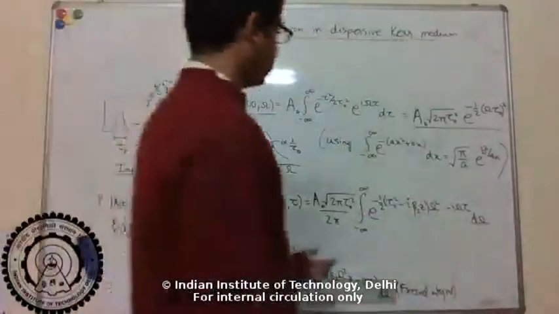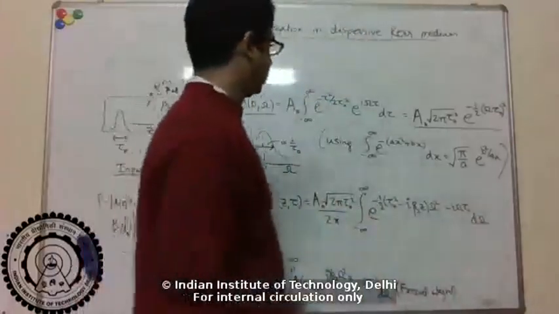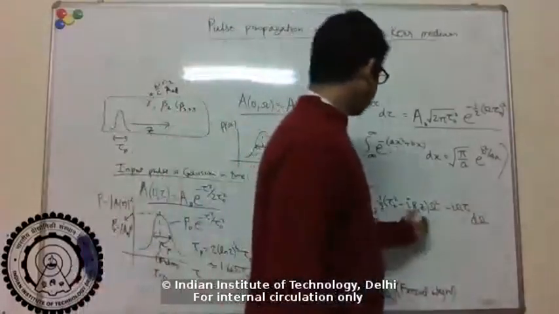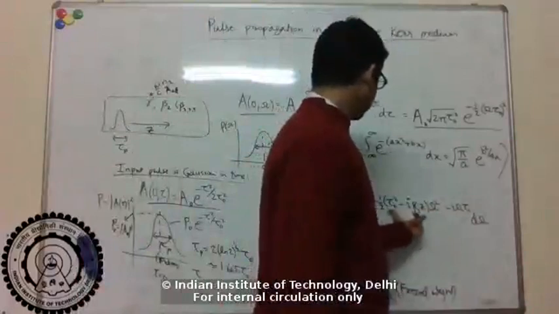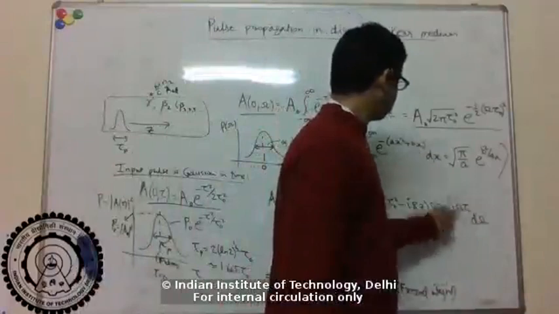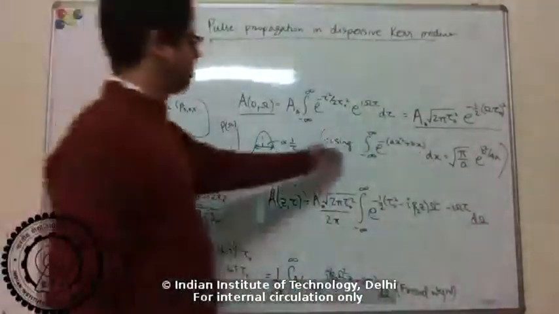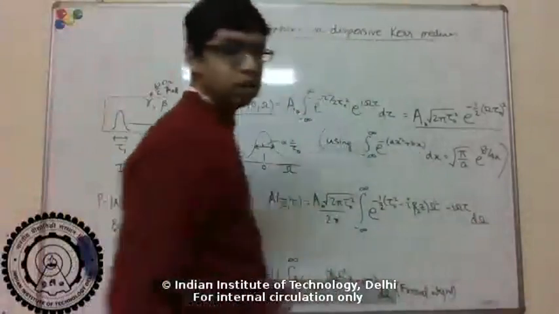And you can see that this integral is again of this form. So ax square, so we have omega square with some coefficient here, and then a linear term in omega with some coefficient. So we can use the same integral formula to solve this also.